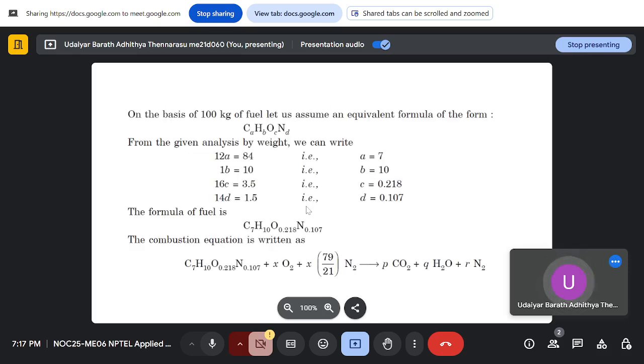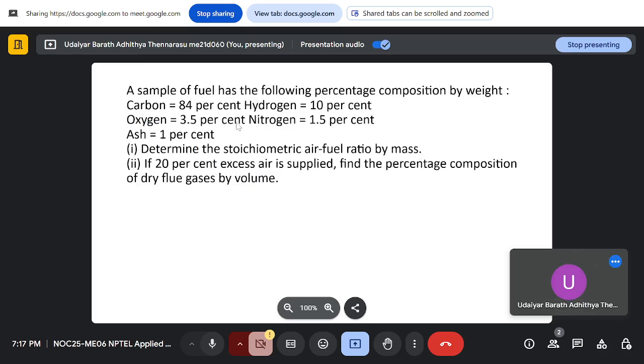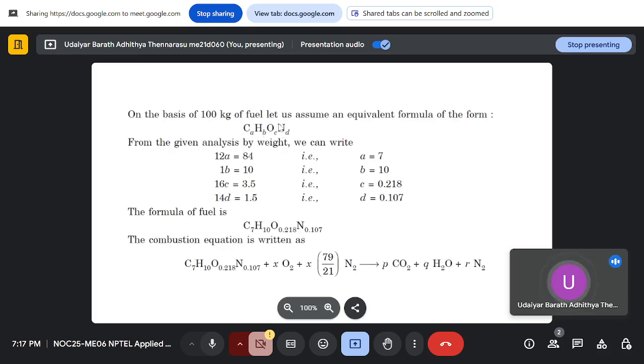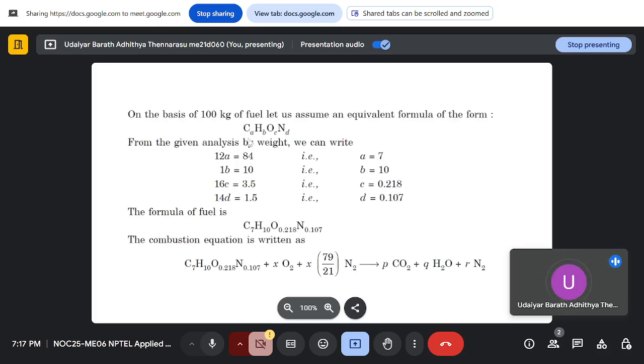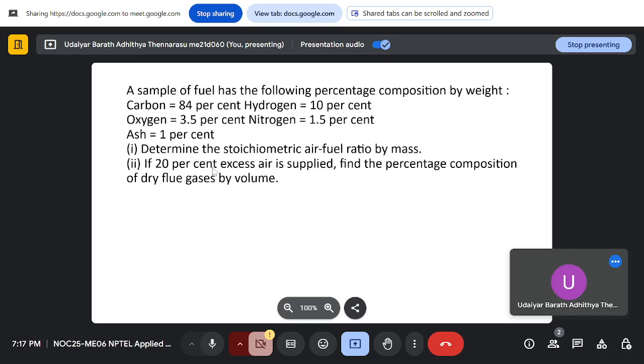So on the basis of 100 kg of fuel, let us assume an equivalent formula, CaHbOcNd. This is the formula for the fuel, because we know the composition of the fuel.